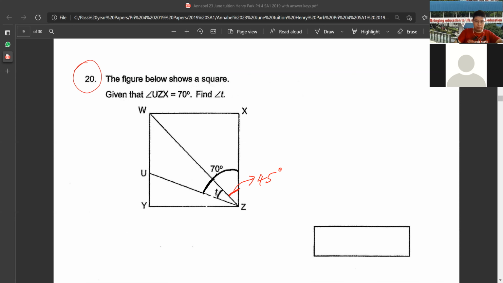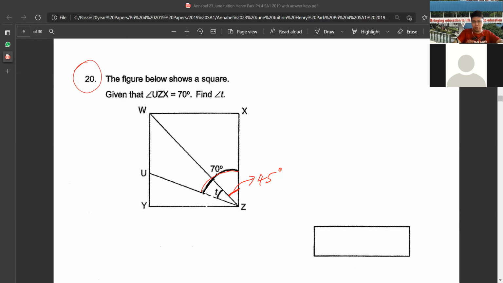What must you do to find P? The answer is very obvious already. Can you tell me how to find P? 45 divided by 2? No. You think carefully.